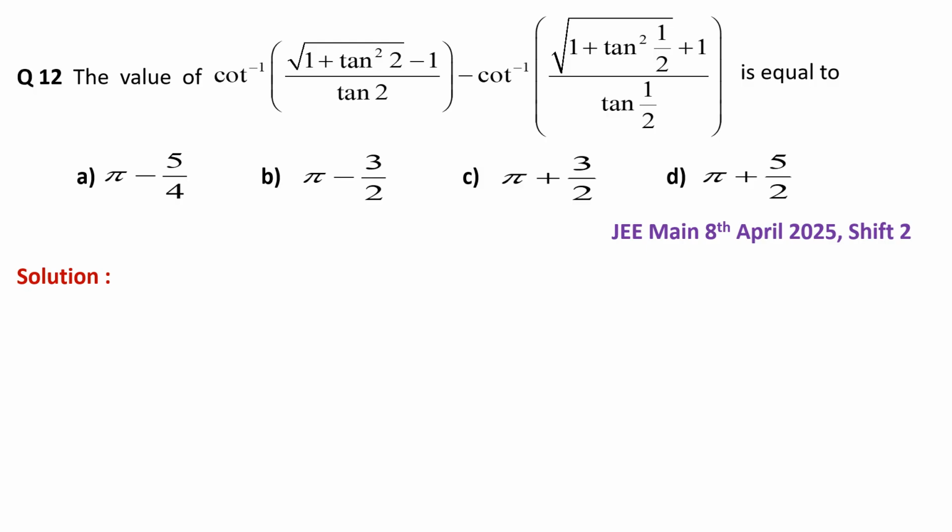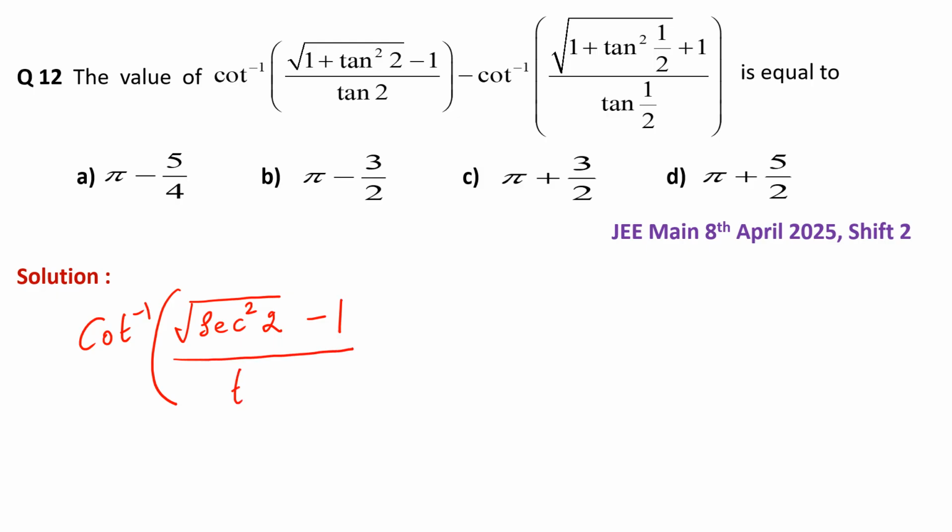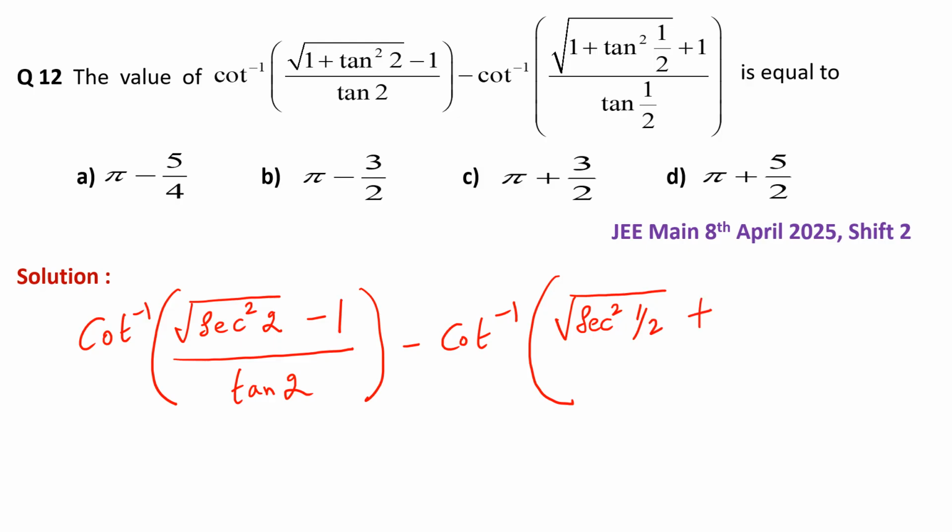So now the given expression becomes cot inverse of (square root of secant square 2 minus 1) whole divided upon tan 2, then we have minus cot inverse of (square root of secant square 1 upon 2 plus 1) whole divided upon tan of 1 upon 2.